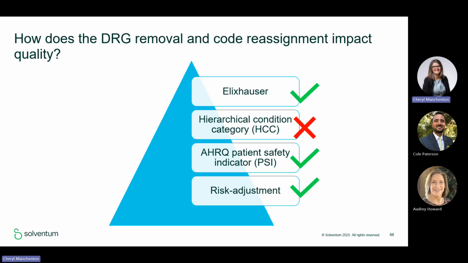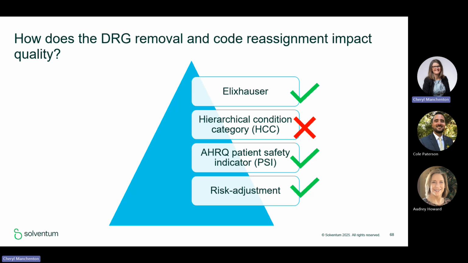So it will have a huge impact on our Elixhauser score. Again, that will be a risk adjuster for our patient safety indicators, as they do use Elixhauser categories to risk adjust. And typically they don't use principal diagnosis. They use secondary diagnoses in risk adjustment models. So having more of these reported as secondaries will definitely have an impact on risk adjustment.